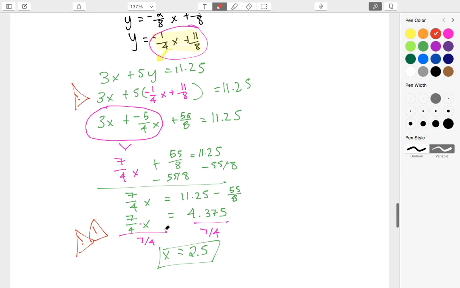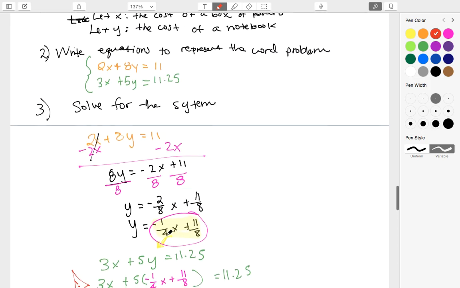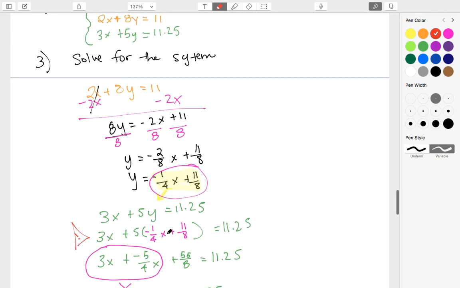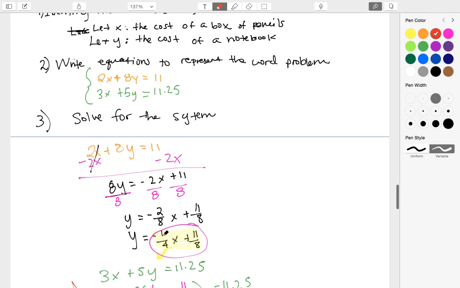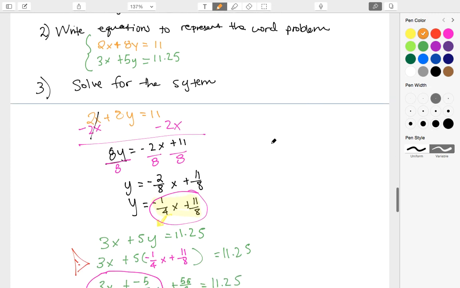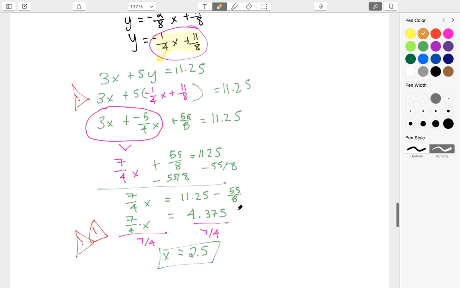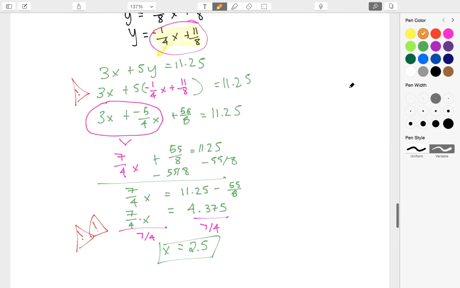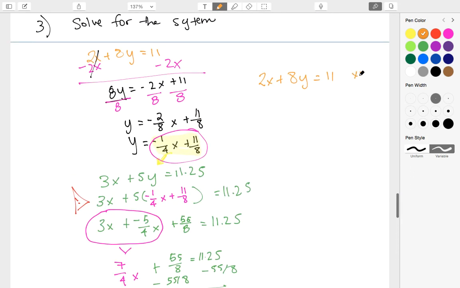Okay, but we're still going to follow the same process, and we're going to substitute x back into one of our equations. So we can go ahead and choose. I can choose the orange equation. So we have 2x plus 8y equals 11, and x equals 2.5.